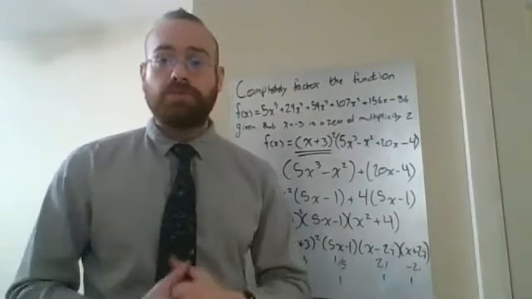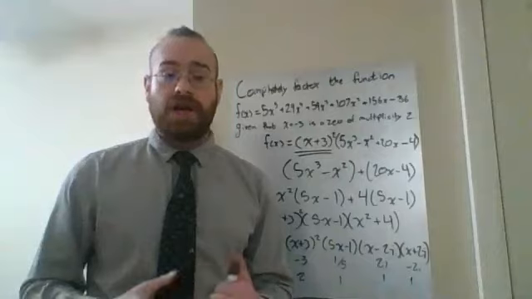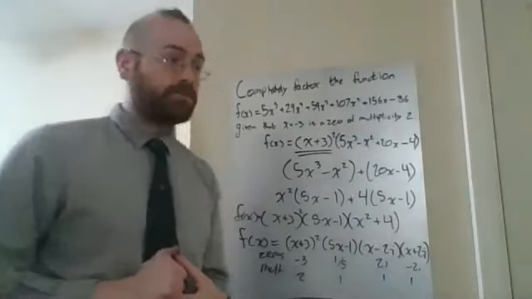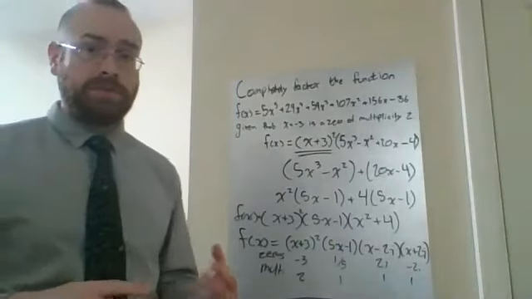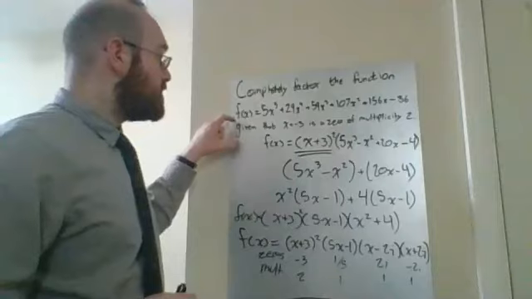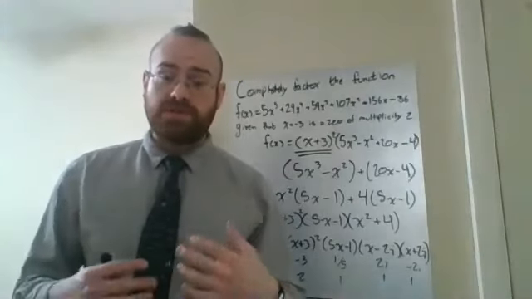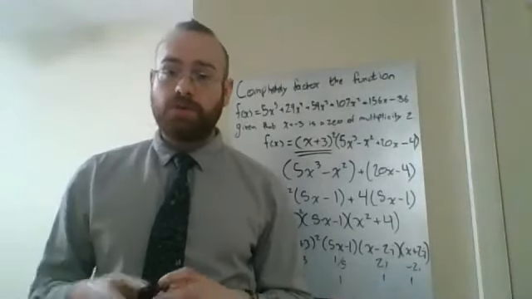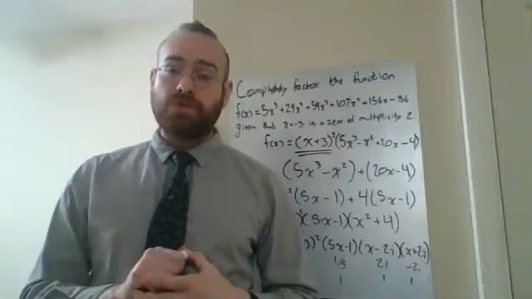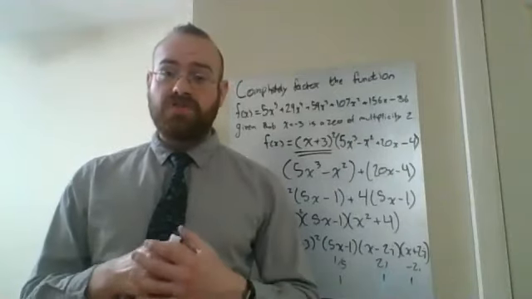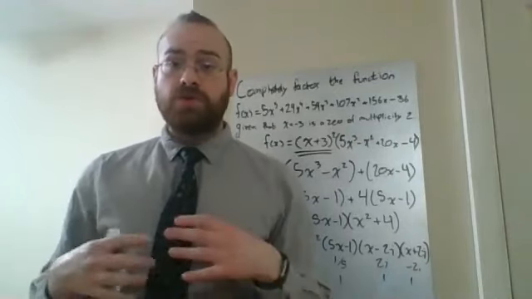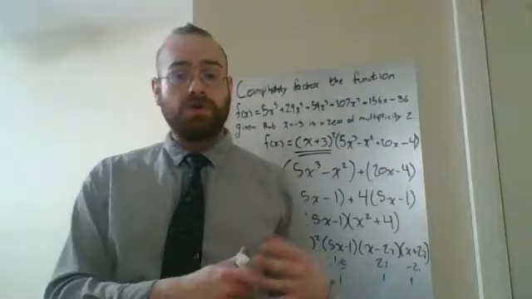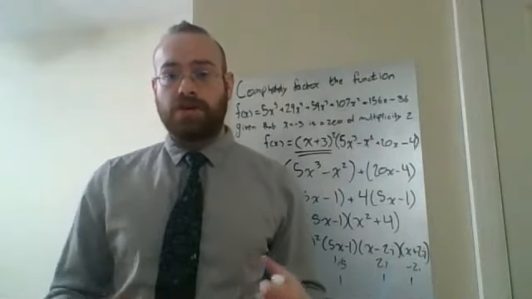This is a general approach to factoring higher order polynomials. For most of the examples we'll be doing in this class, we'll be given either a factor or a zero to start with. If we didn't have that, we would need to rely on our rational root test to come up with some test values to determine which of those numbers are zeros, and that would give us a starting point instead.